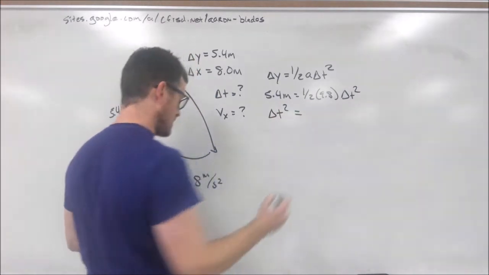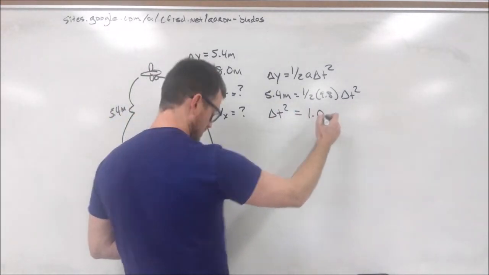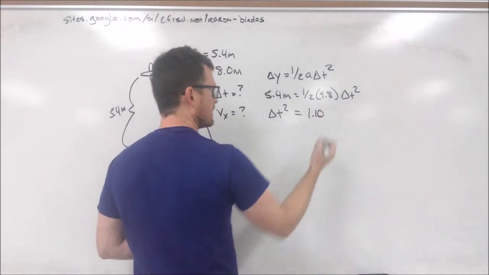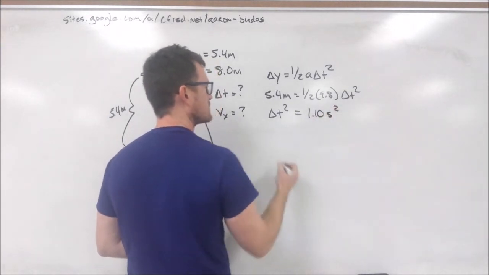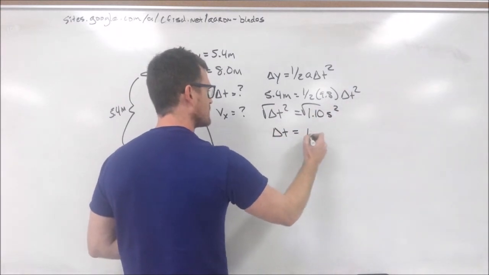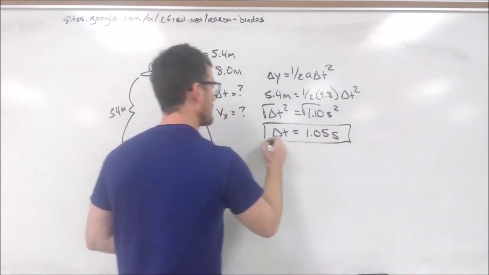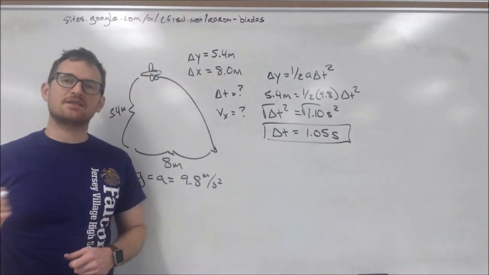We combine like terms and we figure out that t squared is equal to 1.10 seconds squared. Square root both sides, and we end up with delta t equal to 1.05 seconds. That is how long the object takes to hit the ground.